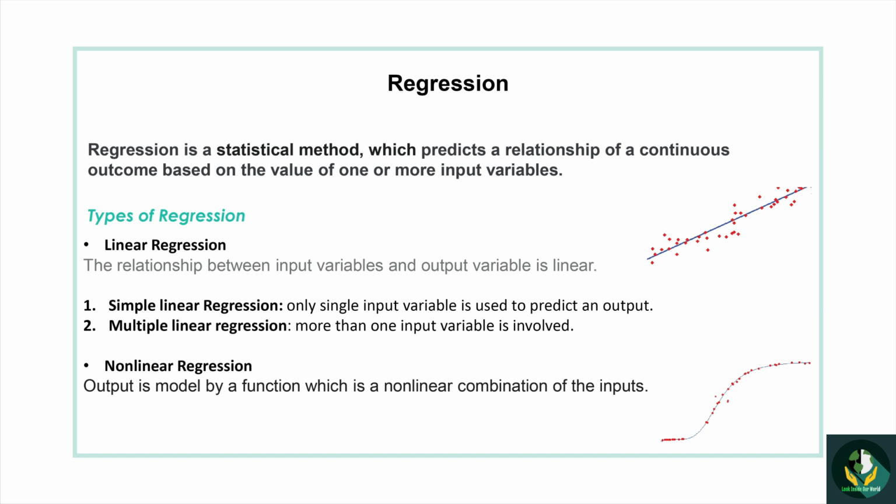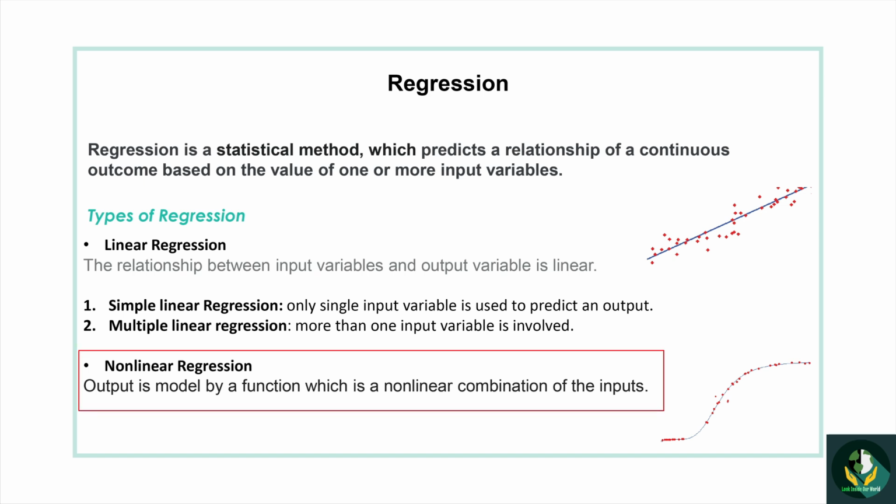Simple linear regression involves only a single input variable, and that single input variable is used to predict an output. While in multiple linear regression, more than one input variable is involved. Now, when it comes to non-linear regression, the output can be represented as a function that is a non-linear combination of the inputs.